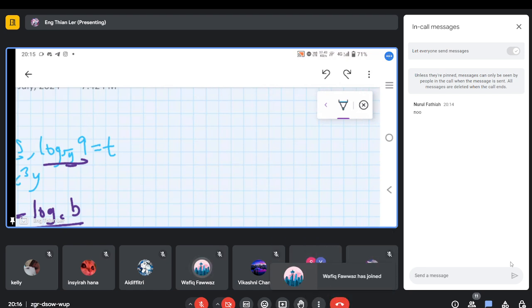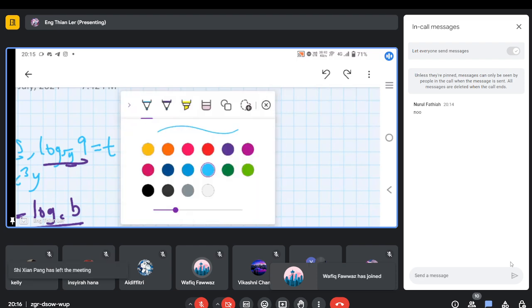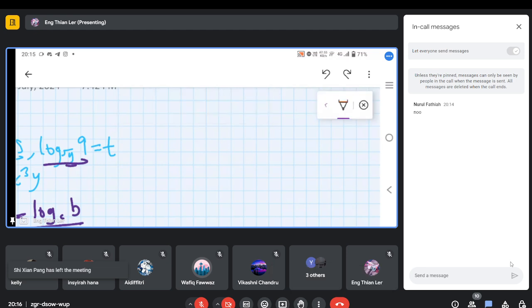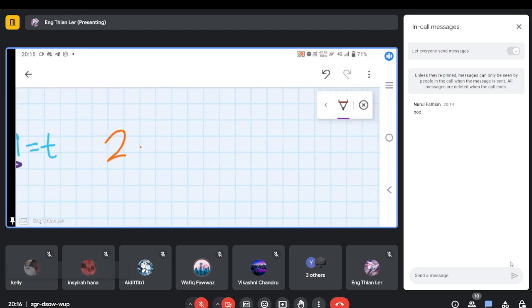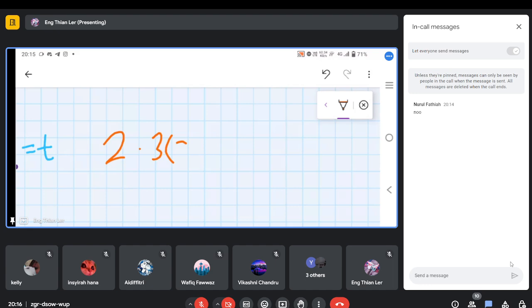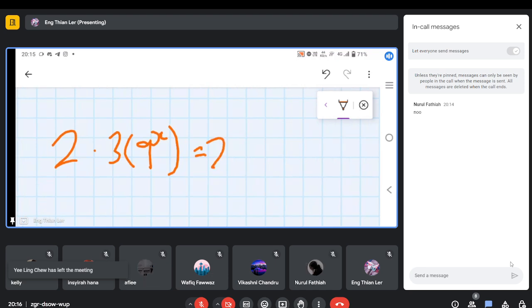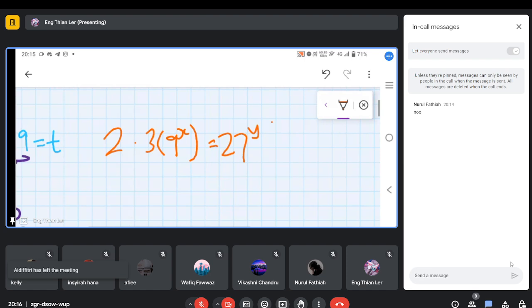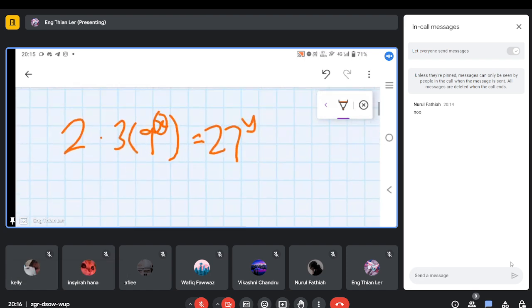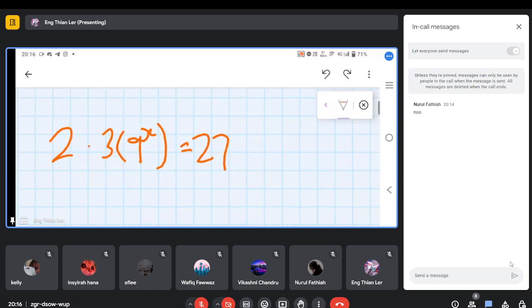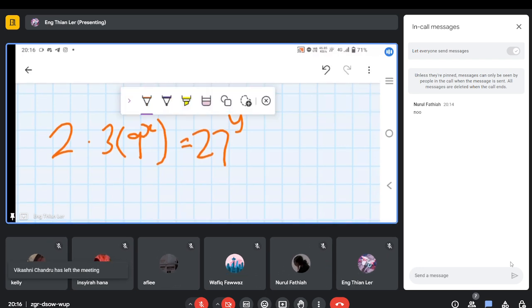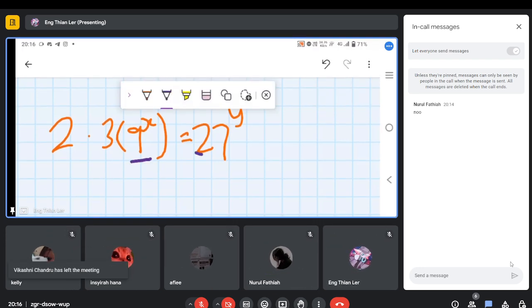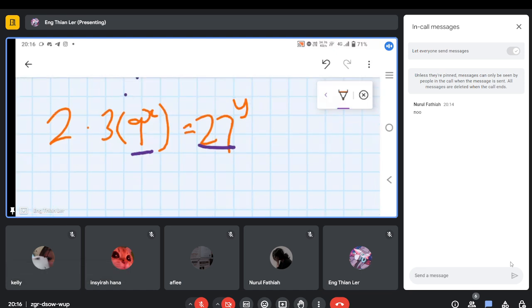So the next one, not from the textbook. So we have 3 times 9 to the power of x equal to 27 to the power of y. So this is indices. So first, different base. I don't mean to circle the x, I mean to circle the 9 and 27. If we change everything to base 3, it will be simpler.